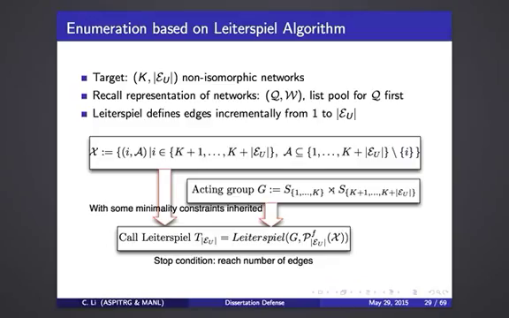Recall that our representation of networks is the ordered pair Q and W. So we will first call Lattice Spiel to list all possible Qs. The set X for Lattice Spiel is all possible edges, I, A, and the group is the symmetry group of sources times the symmetry group of edges. With some minimality constraints inherited, we call Lattice Spiel so that it defines the edges from 1 to E. Then we define all the edges and stop.